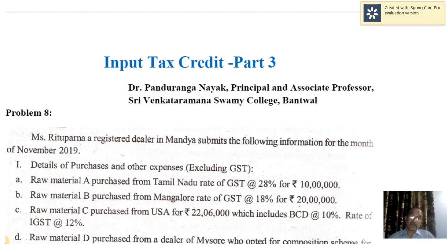So in any order and in any proportion, that means not necessary that you have to make use of that first for one and the balance to the second, not necessarily. You can share it in the ratio of 50-50 or say 70-30 or 30-70, 40-60 or 60-40, that way. So thus surplus IGST must be utilized for the payment of CGST and SGST in any order and in any proportion.